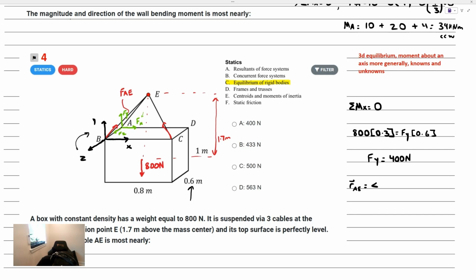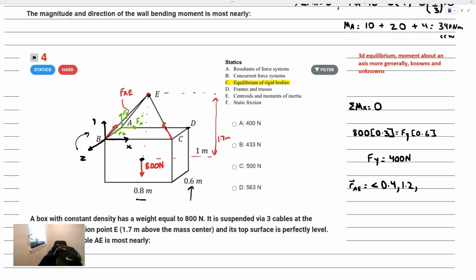In the x direction, we'd be traveling by this distance here, or half of it, to get to that point E. That'll be 0.4. And what about in the y direction? In the y direction, we'd have to travel vertically. We know that the distance between the centroid and point E is 1.7. If we subtract off a half so that we're at this upper surface, then we'd have 1.2. So in the y direction, we're going to travel a positive 1.2 meters.